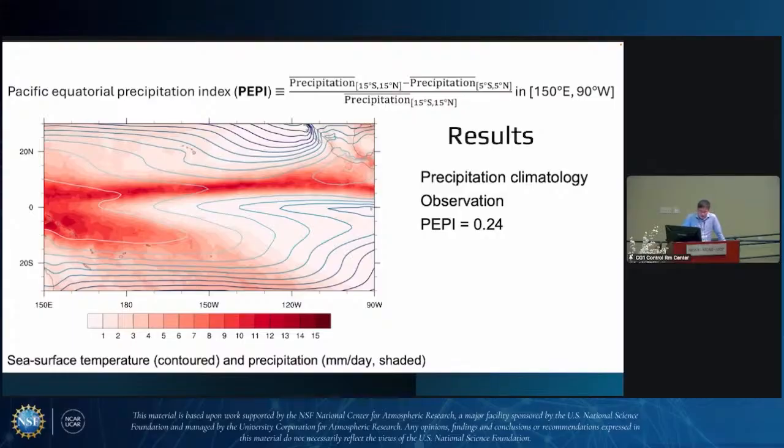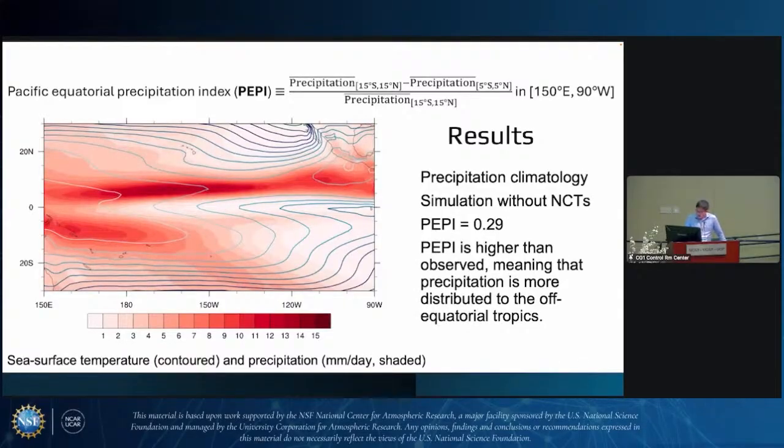I created this Pacific Equatorial Precipitation Index to study whether the precipitation is concentrated at the equator or distributed into the off-equatorial region. The larger this index, the more distributed the precipitation is to the off-equatorial region. In the observation, this index is 0.24. And this is my precipitation climatology without the non-traditional Coriolis terms.